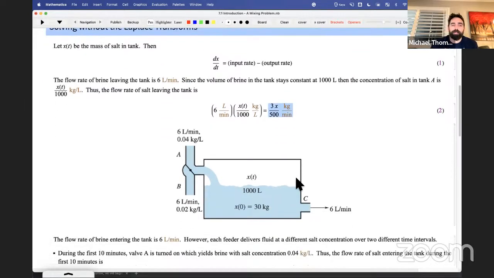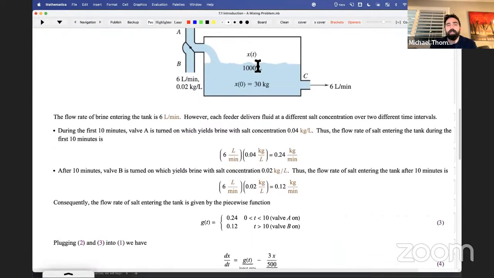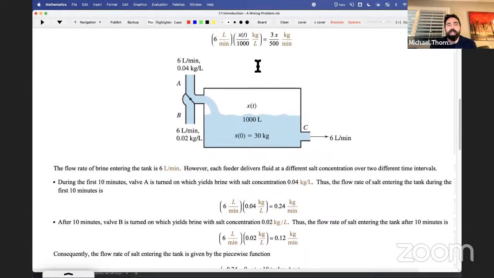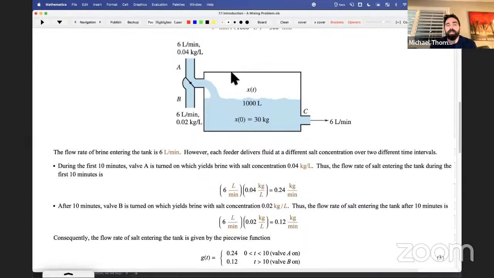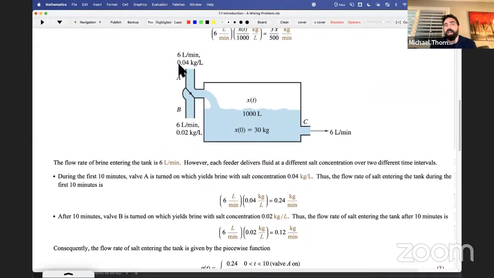All right. Now the input's a little more complicated because it changes after 10 minutes. So what we can do is introduce a piecewise function. But before we do that, let's find the flow rate of salt going in for each valve.